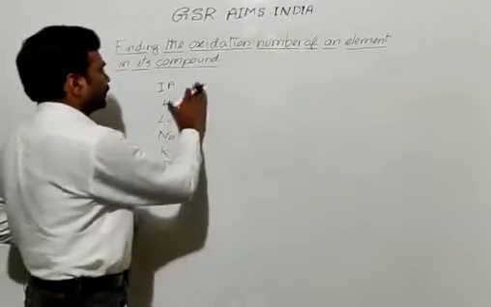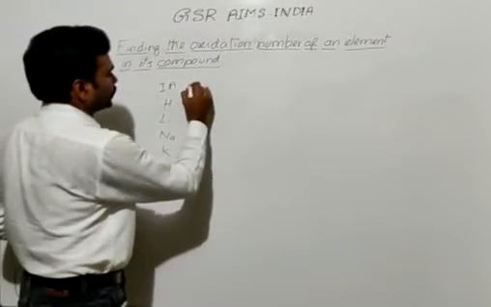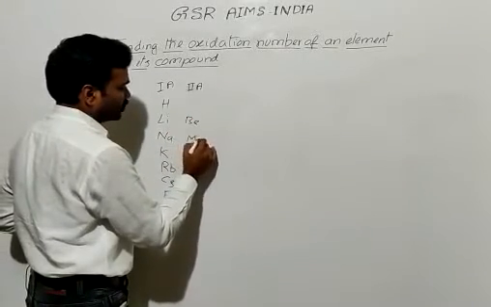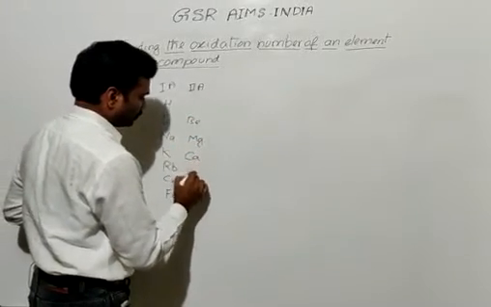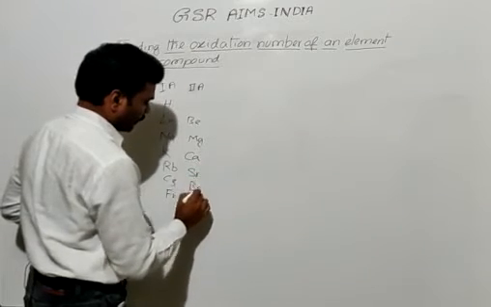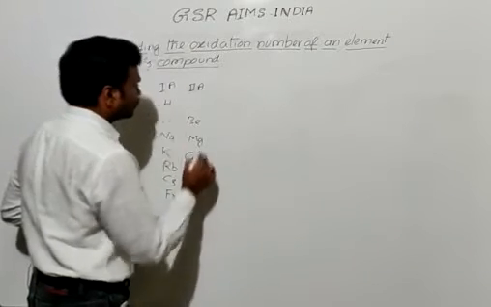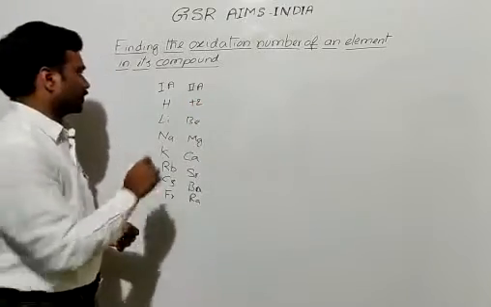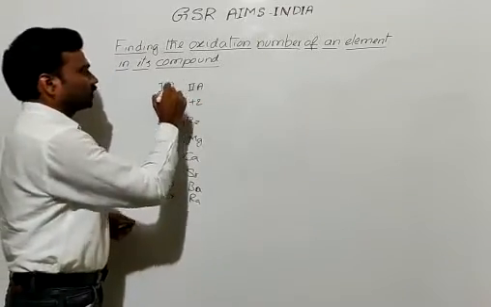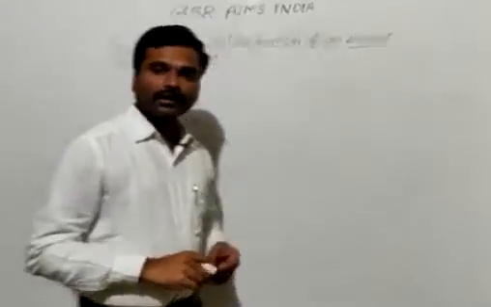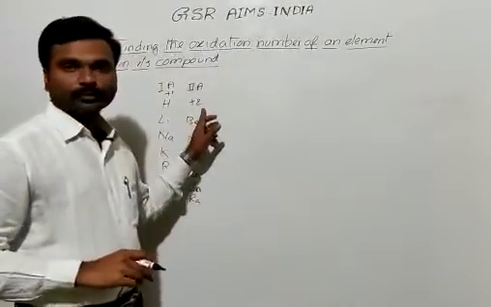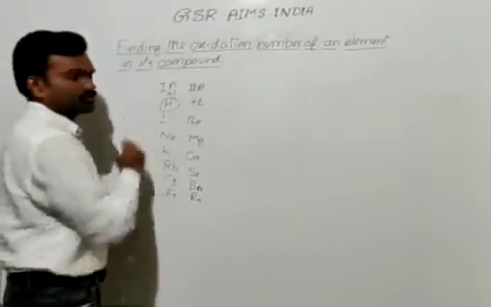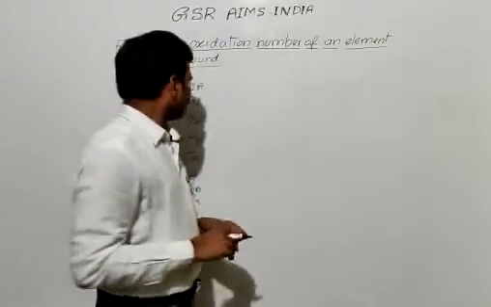And there are second A group elements like beryllium, magnesium, calcium, strontium, barium, and radium. These elements always show +2 oxidation state. So first A group elements show +1 oxidation state, and alkaline earth metals, second A group elements, show +2 oxidation state. Of course, hydrogen has some exceptions that we are going to discuss later.